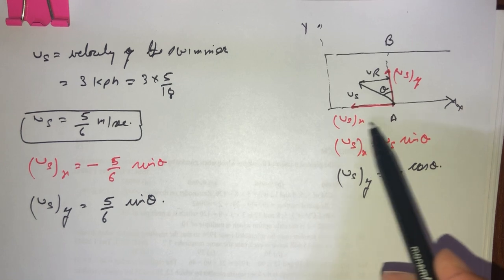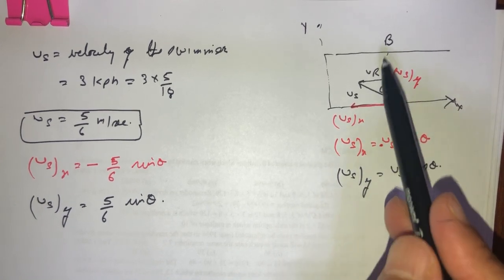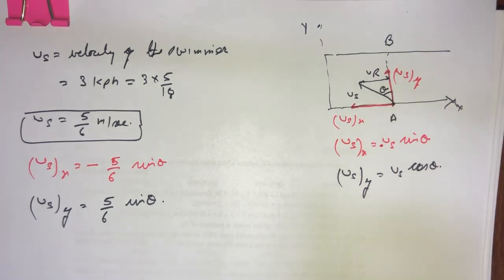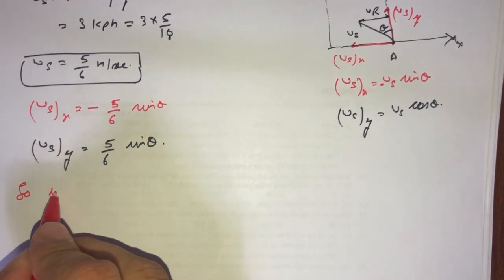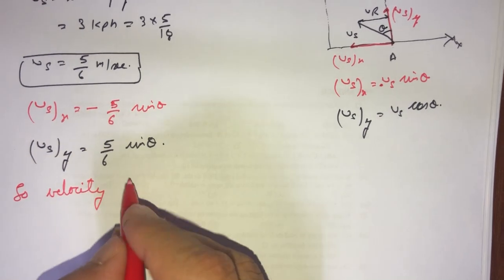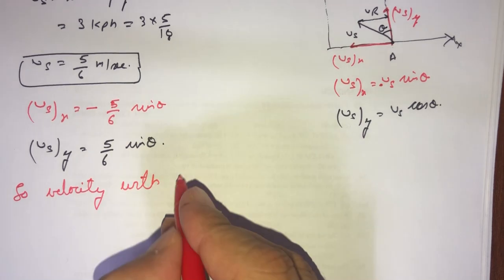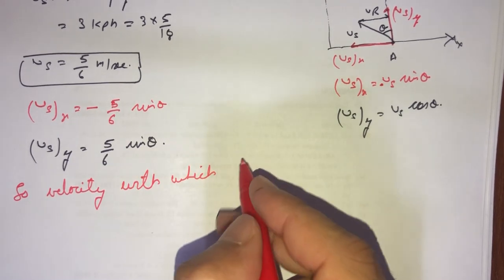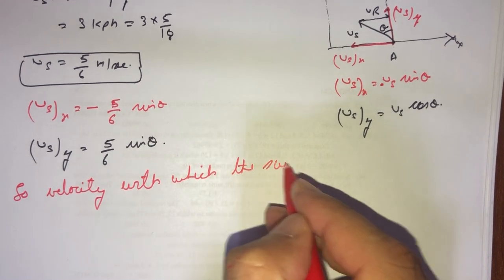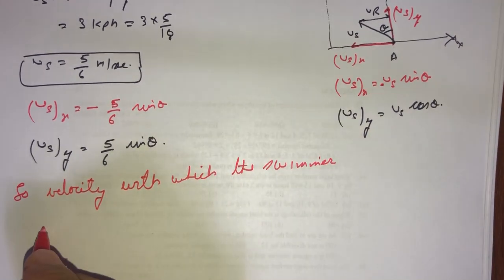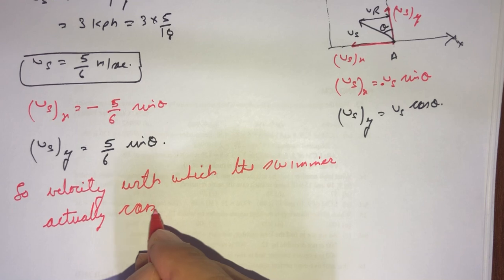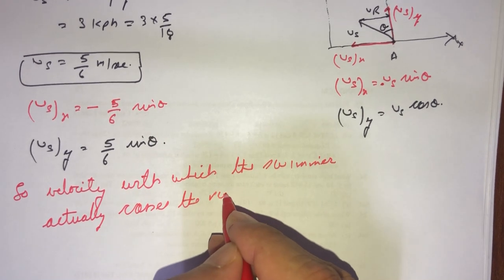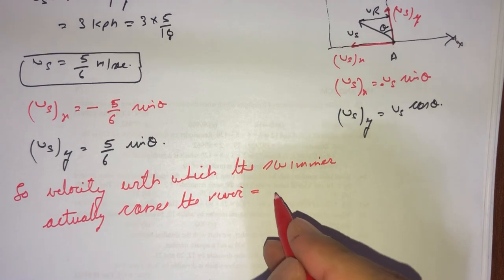There is no help of this x direction in reaching from point A to point B. So the velocity with which the swimmer actually crosses the river is equal to Vsy.